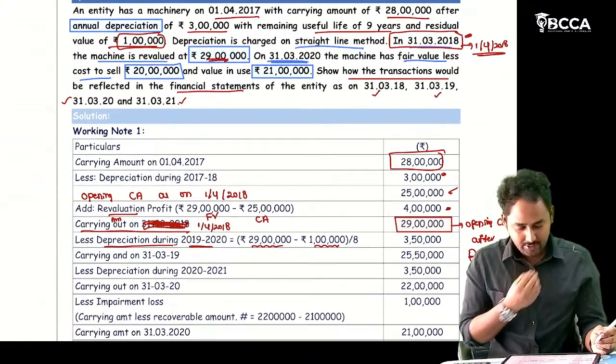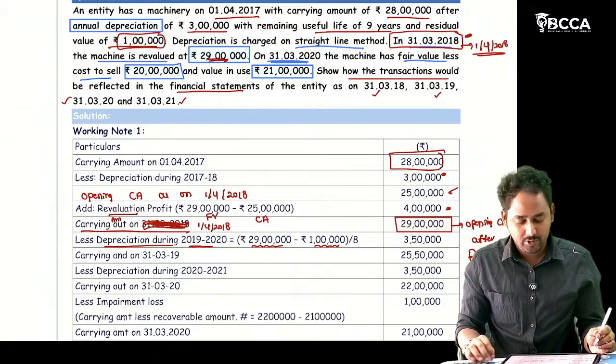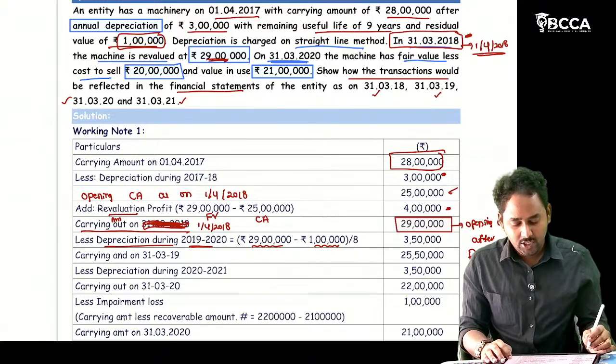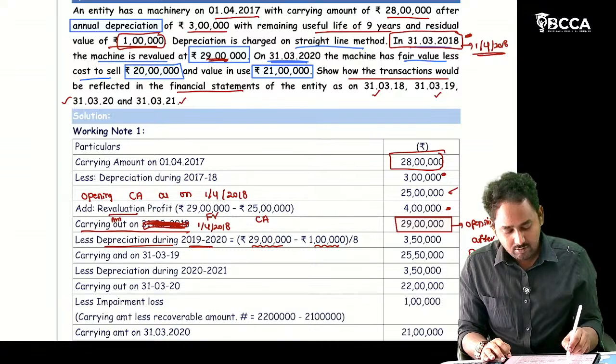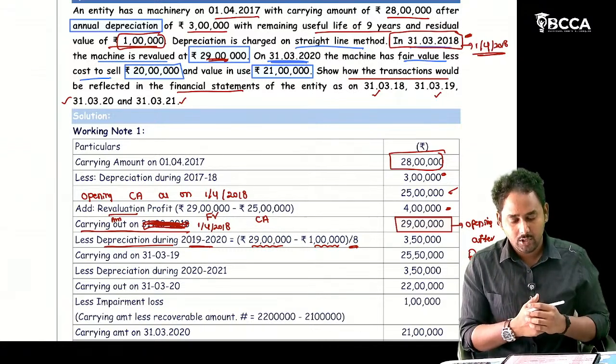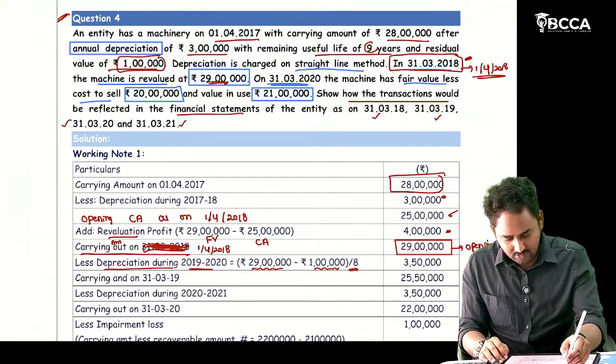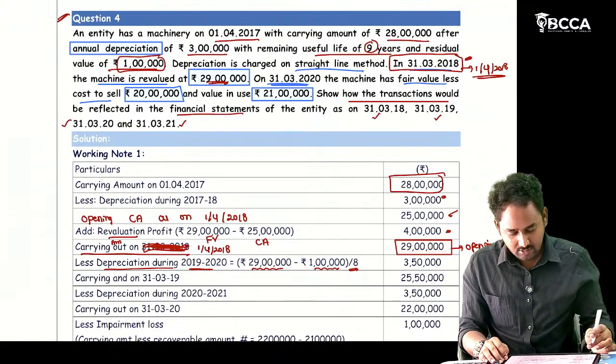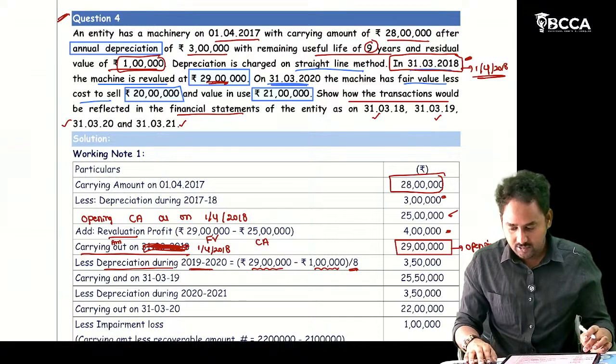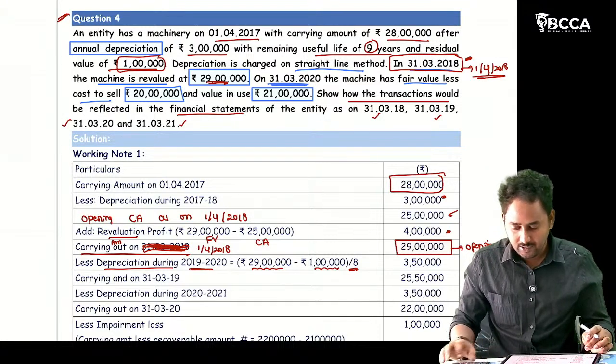minus depreciation. So how to calculate the depreciation? Opening carrying amount minus residual value divided by remaining useful life. What is the useful life initially? It is 9 years. So 29 lakh minus 1 lakh divided by 8.